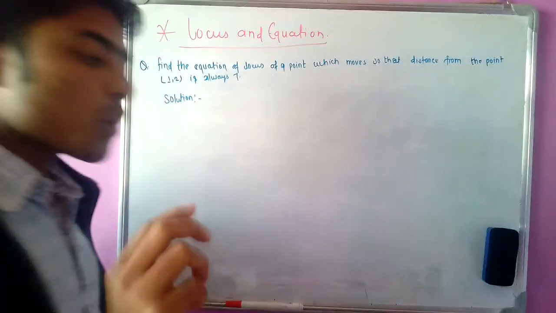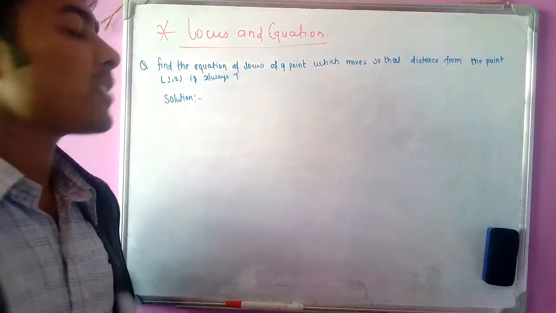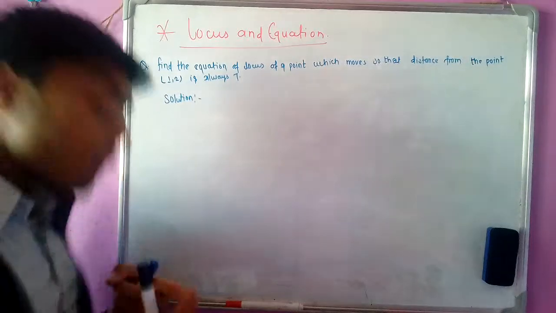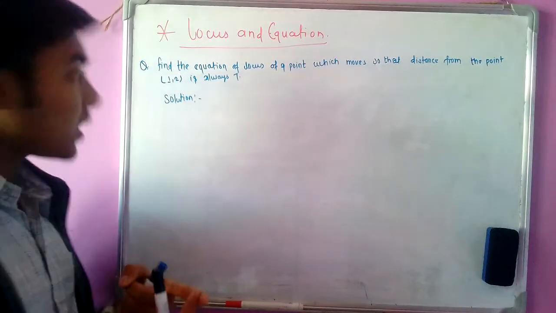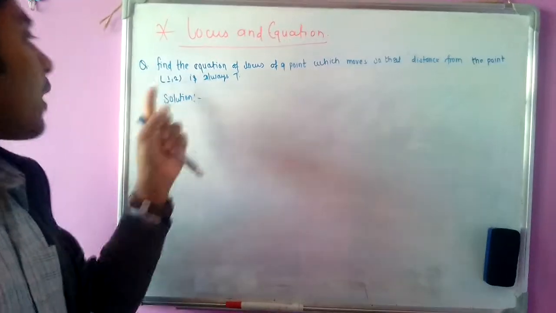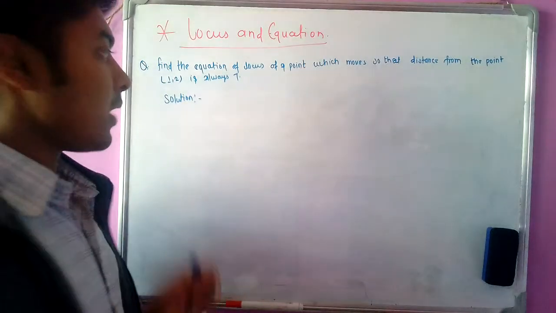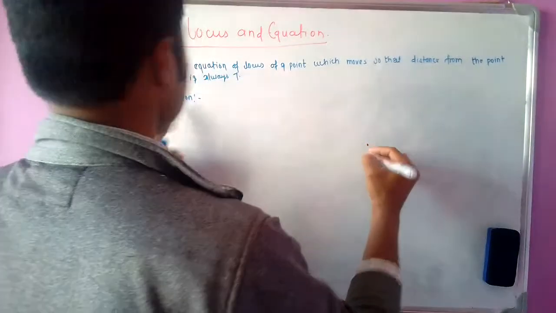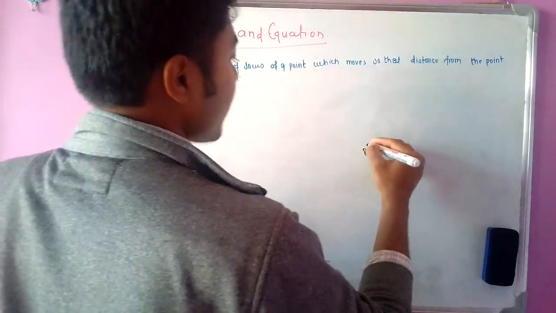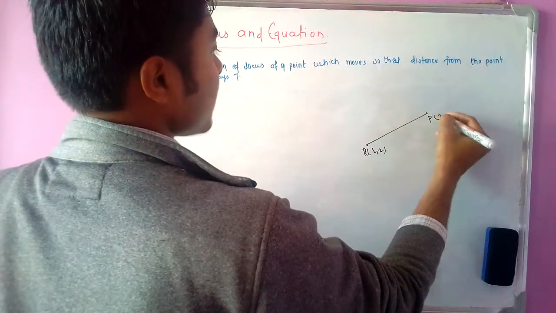The moving point P and the fixed point, let the given point be R, which is (1, 2), and the moving point be P, that is (x, y).